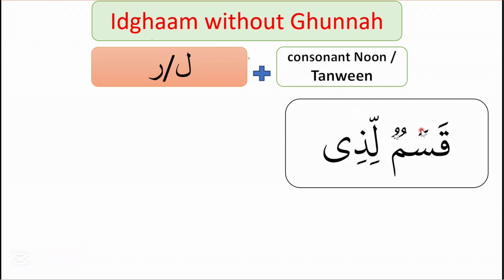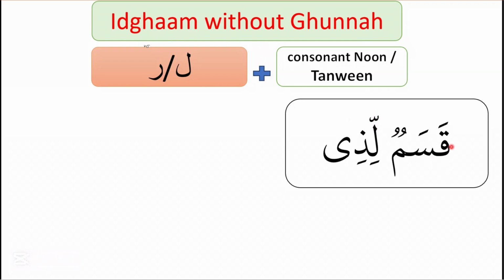Which section of idgham, with ghunnah or without ghunnah, depends on the following letter. The following letter is lam, so it is idgham without ghunnah. Here, just delete the tanween, don't pronounce the tanween, and pronounce the following letter with the shadda.